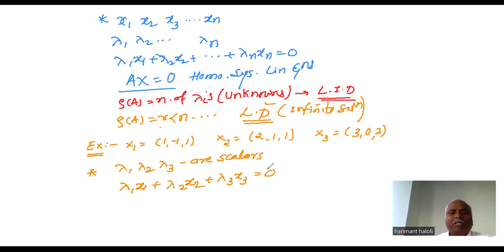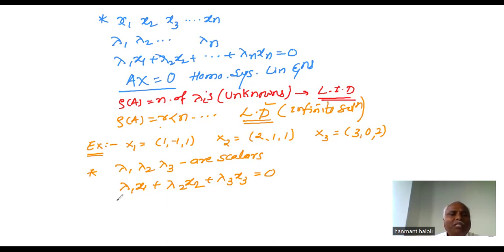If all the lambdas are 0, then the vectors are linearly independent. If at least one lambda is not equal to 0, that is, the system contains infinite solutions, then you say the given vectors are linearly dependent.